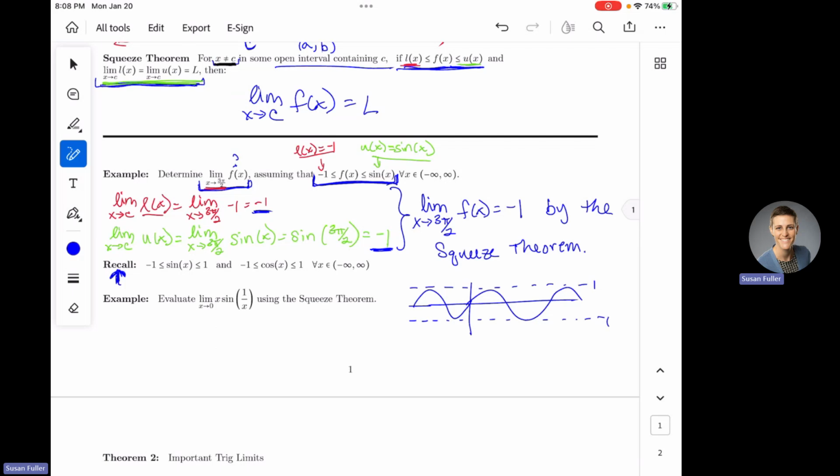Their y values are always stuck in that little box. So we don't really need that picture, but for those of you who are visual, I just wanted to make sure that you were clear on where this happens. So the sine of x is always between -1 and 1, and similarly, the cosine of x is between -1 and 1.